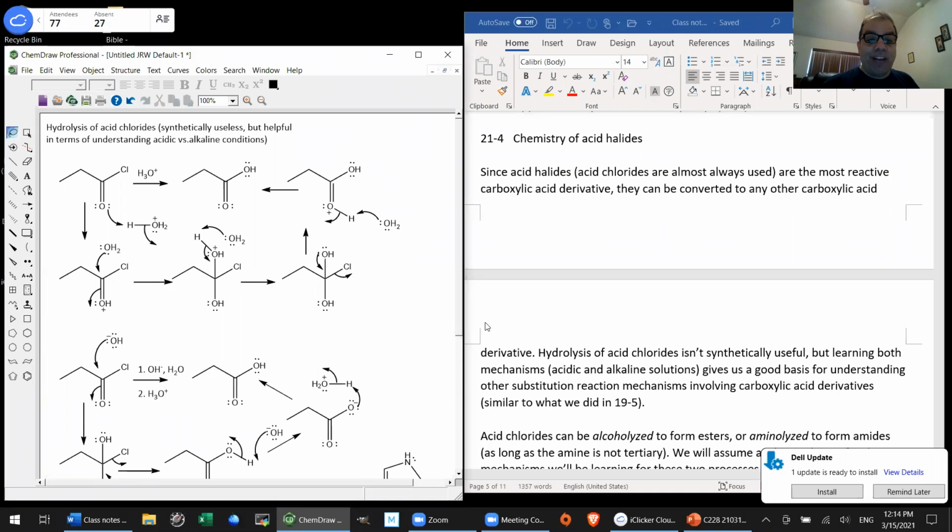In general, what I think you'll find is the more reactive the acyl intermediate is, which again, acid chlorides are pretty much as reactive as they get, the likelier you'll find that it will react under either acidic or alkaline conditions.